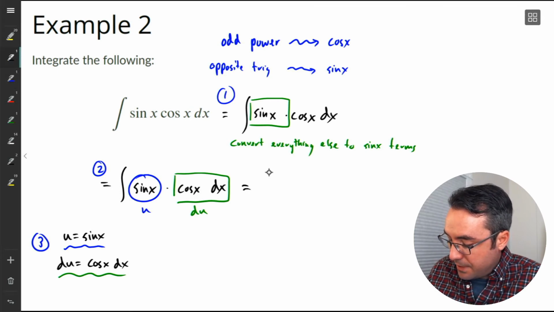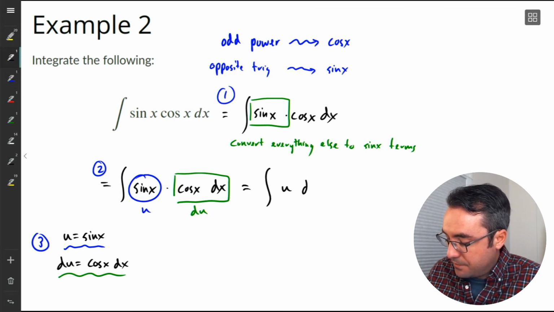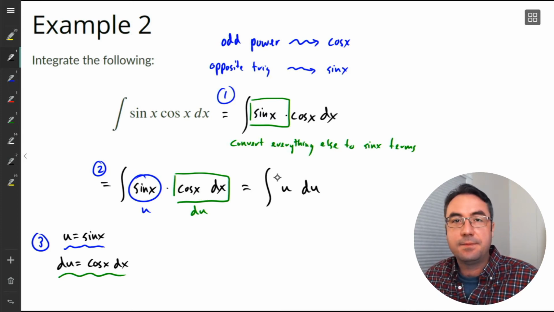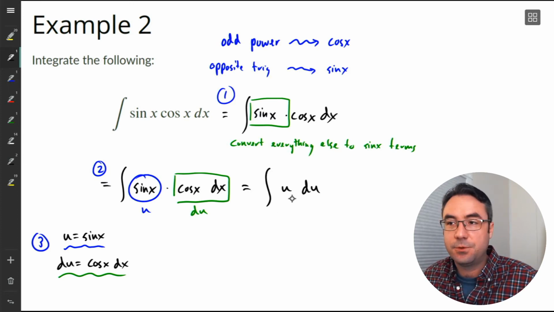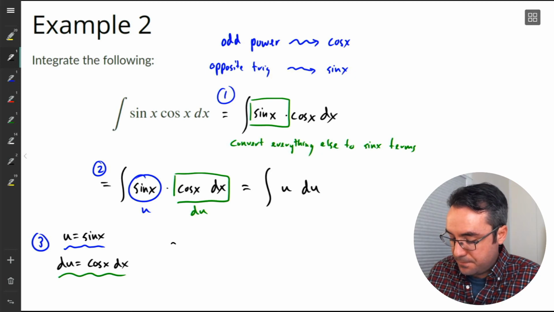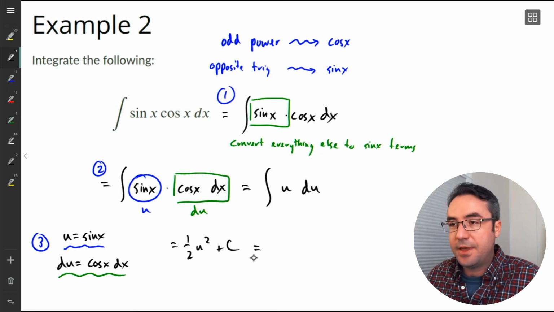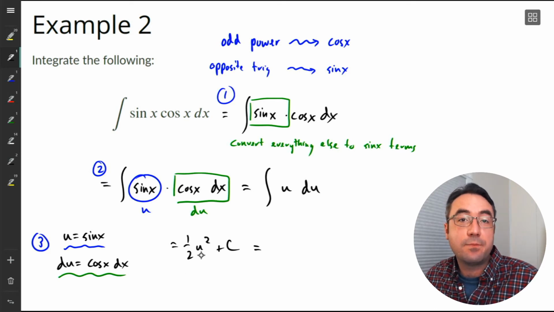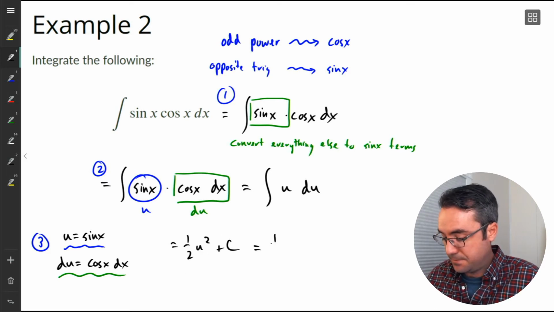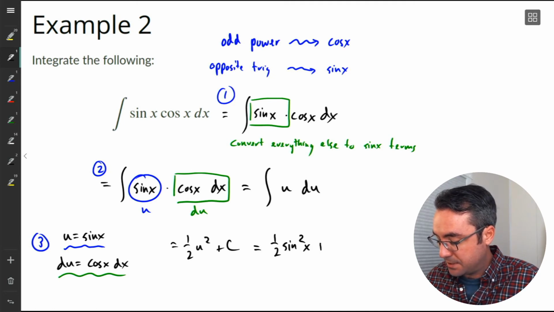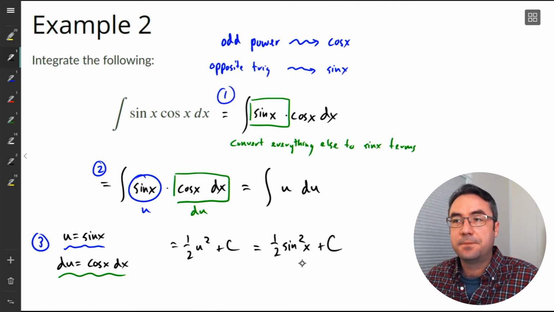So when we put everything into our integral, it's just going to be the integral of u du. And that's not too bad. So what's the antiderivative of u? Well, it's 1/2 u squared plus c. And then the last step, step four, convert back to x. So we get 1/2 sine squared of x plus c. And there we go.